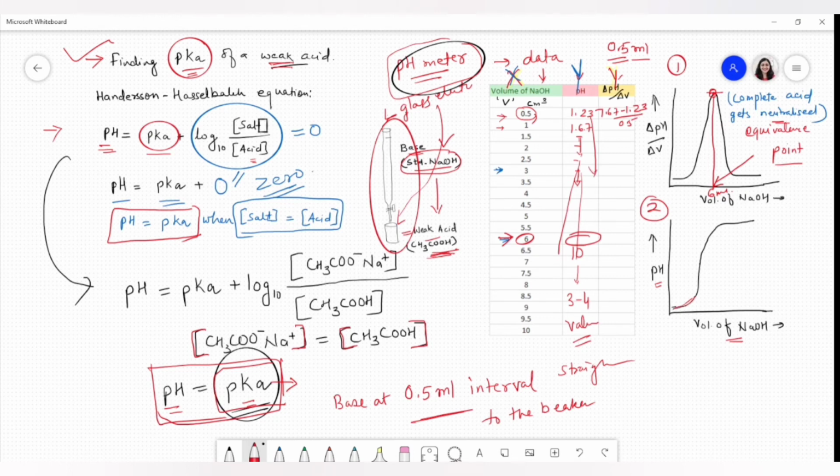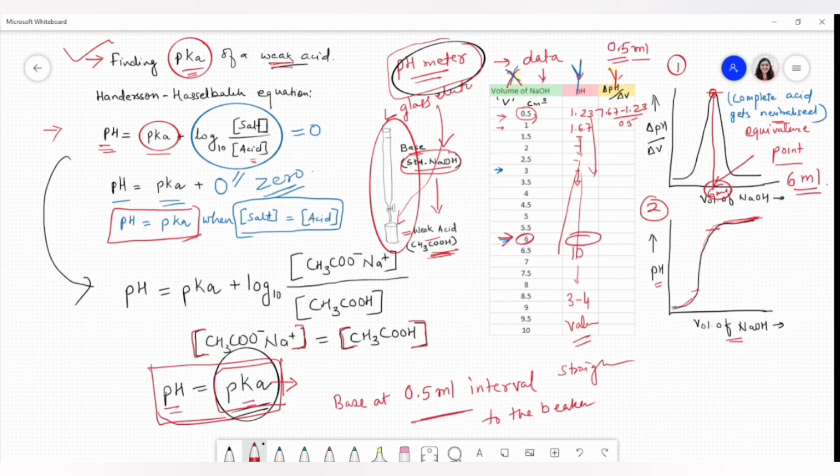So it increases slowly and then there is a sudden rise in the graph, and then after 3 or 4 values it almost becomes stagnant, right? So you have got the point of equivalence somewhere in between. Now we know what our equivalence point is. Our equivalence point is this, where we have got 6 ml.